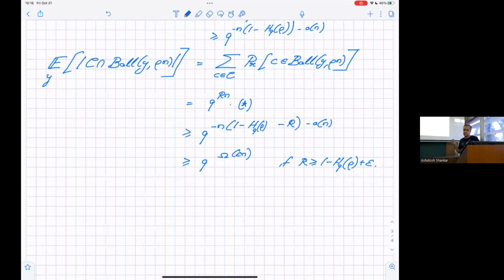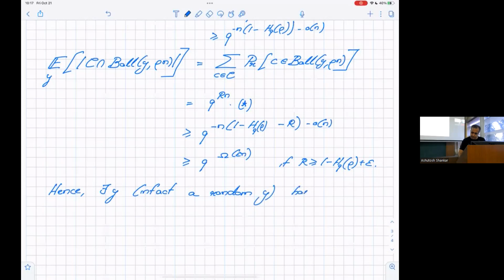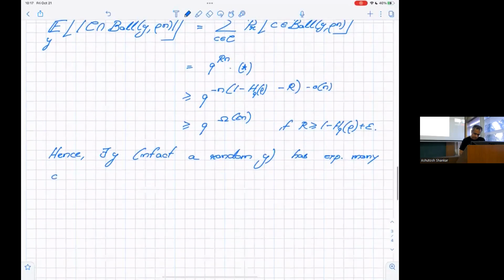So hence there exists a y, in fact a random y, for which the ball is exponentially large.